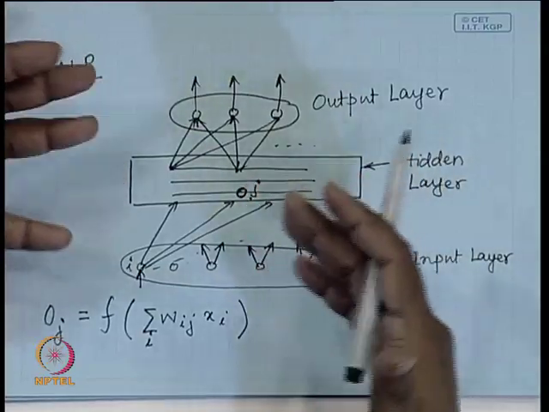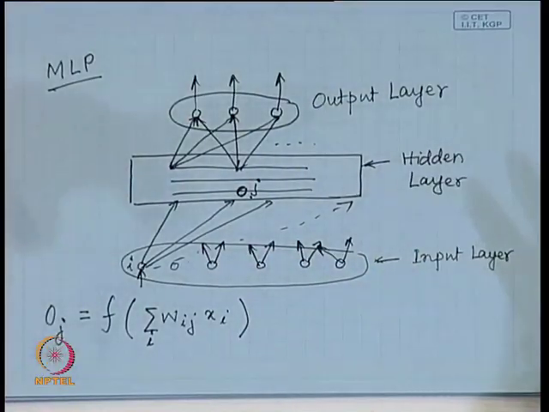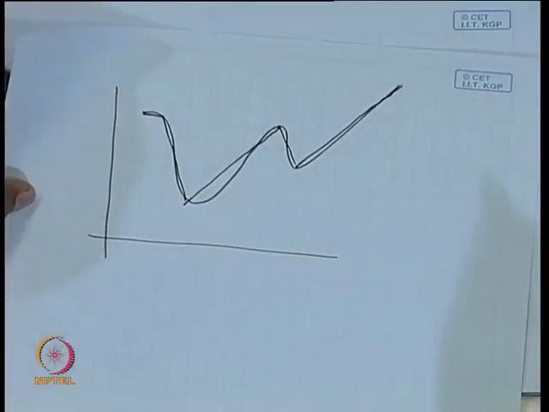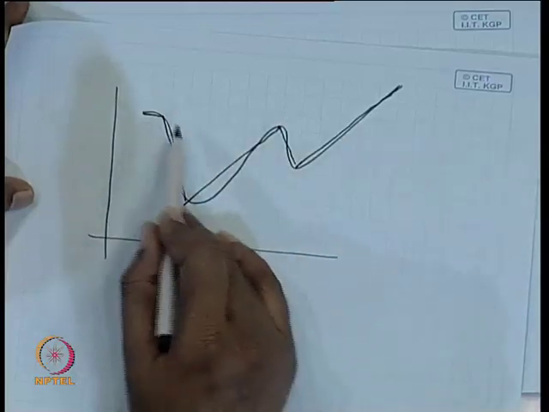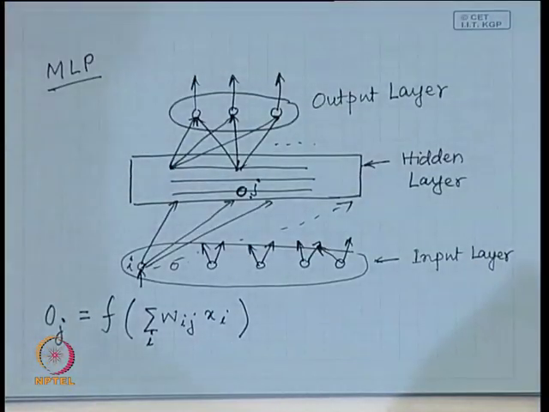The more connections or weights I have within this network, the more linear equations I can model. As a result, such a complicated boundary is modeled by a number of linear equations by such a simple neural network, which is the multilayer perceptron or MLP.